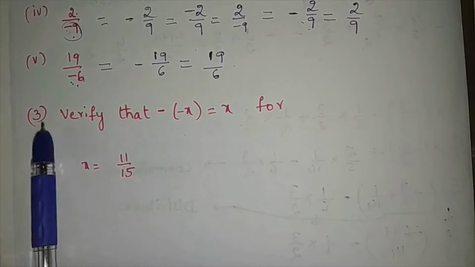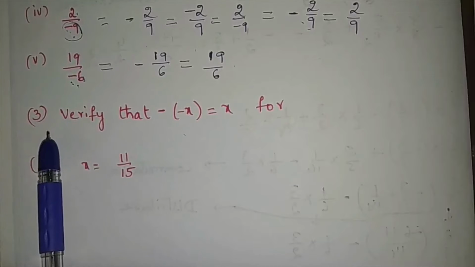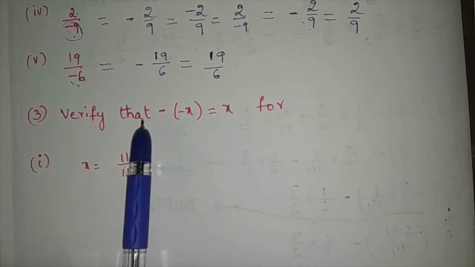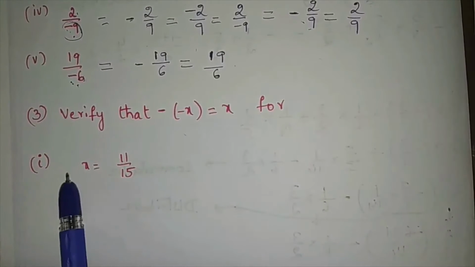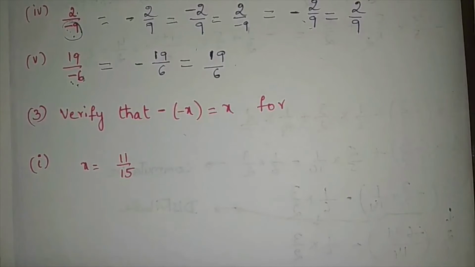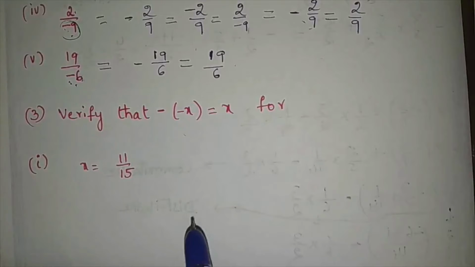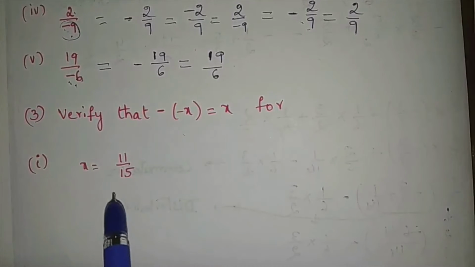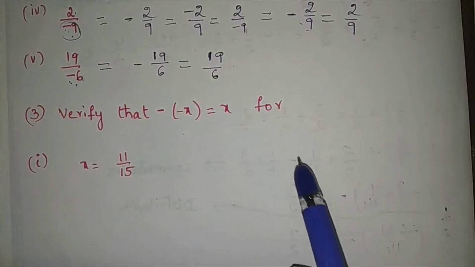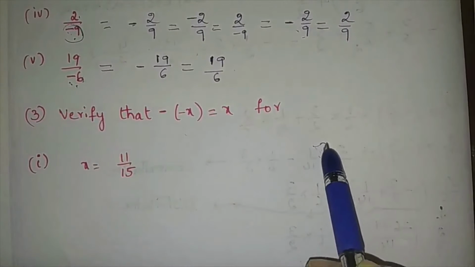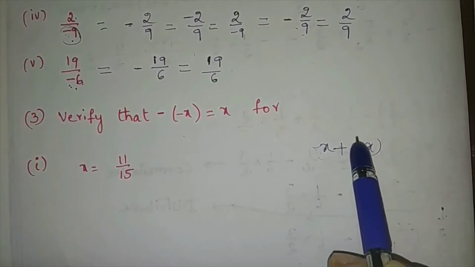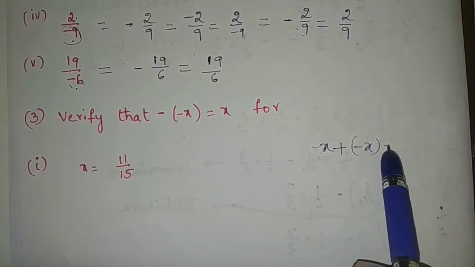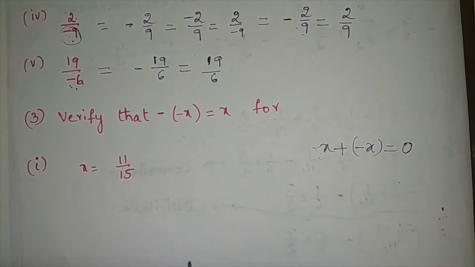The third question of exercise 1.1 is: verify that minus of minus x is equal to x for x equal to 11 by 15. As we discussed, the additive inverse of any number x is minus x such that x plus minus x is equal to 0.